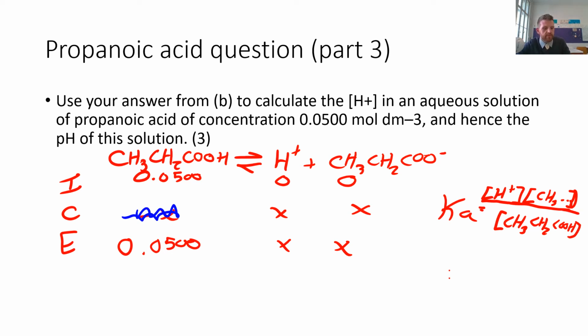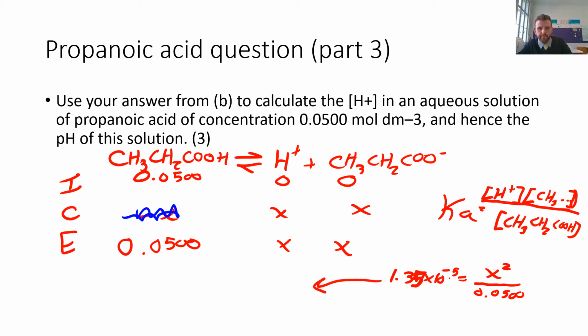And once I substitute in, I have my Ka, 1.3435 times 10 to the negative 5, is equal to x squared over 0.050.